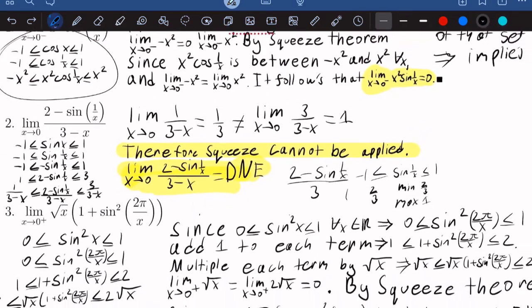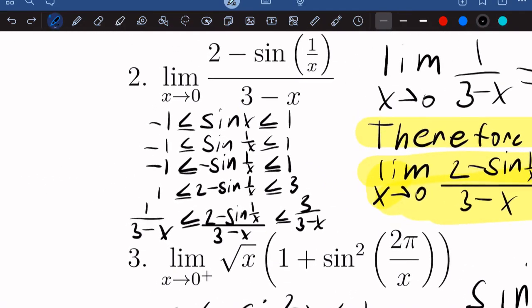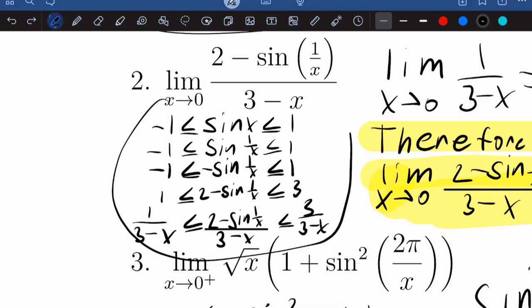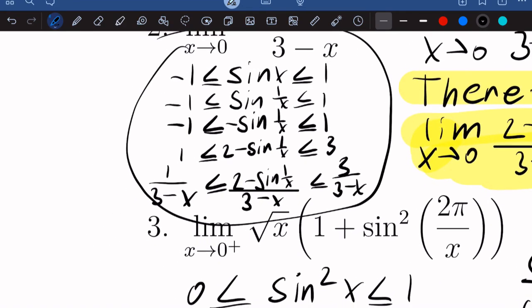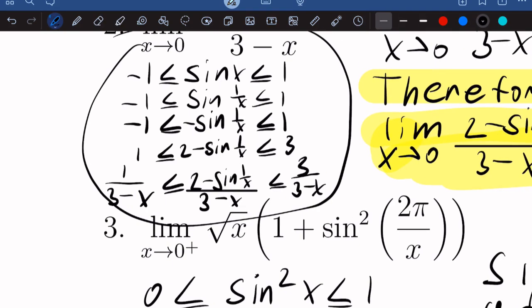Now this one, if you look at this one and you do your inequality, you get 1 divided by 3 minus x is less than 2 minus sine of 1 over x divided by 3 minus x is less than 3 divided by 3 minus x.